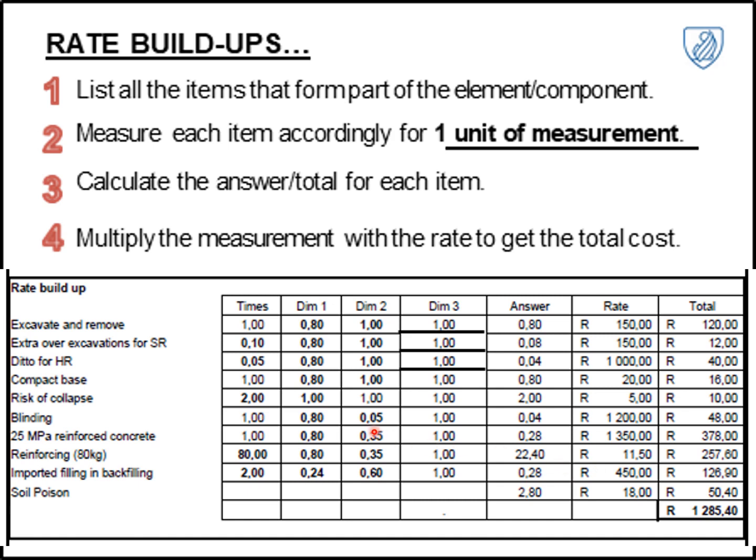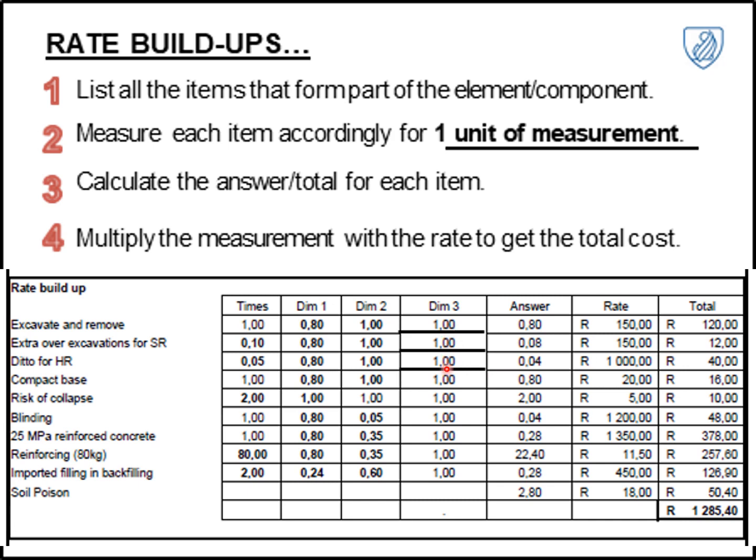Okay, so let's look at what we then do. At your excavation remove, we're only looking at one unit, one side of the excavation. It's 800 millimeters wide, and 1 meter deep, and then we get to a 0.8 answer times your rate per cube to get a rate per meter.